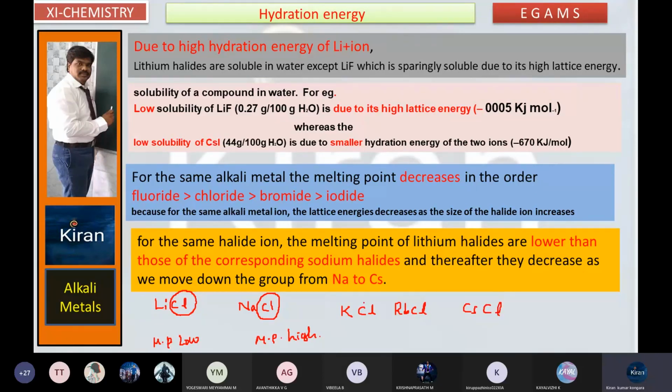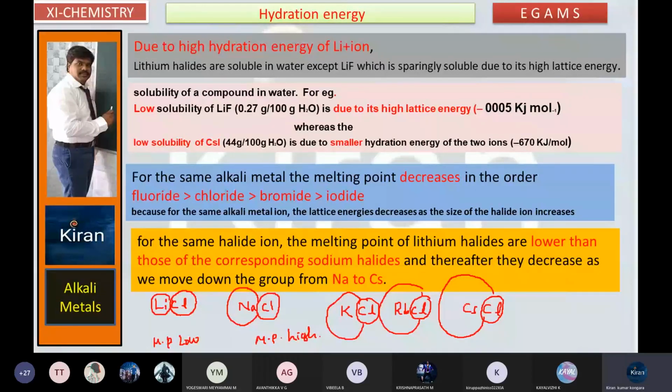So in all the cases, the same chlorine atomic size is there. But what is changing, my dear students? The size of the cation is changing. Here is the size of lithium, here the size of sodium. Here potassium is somewhat bigger. Rubidium is very big compared with lithium, and cesium is the largest atom.